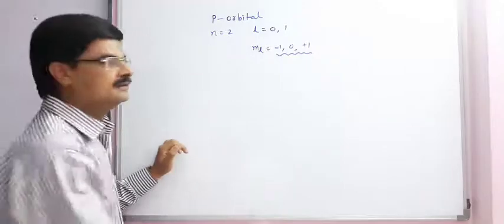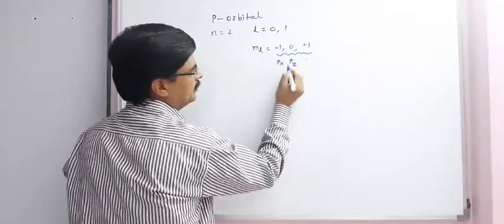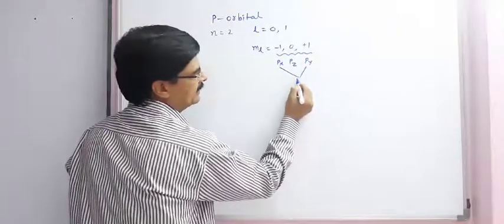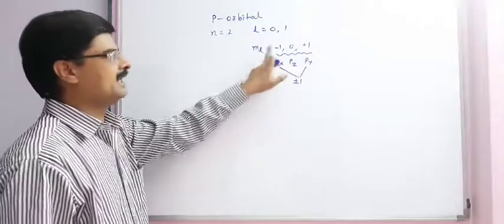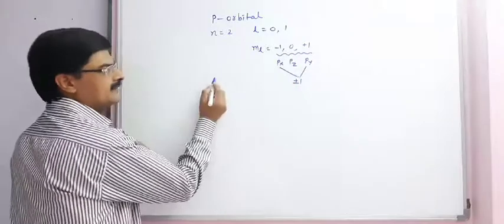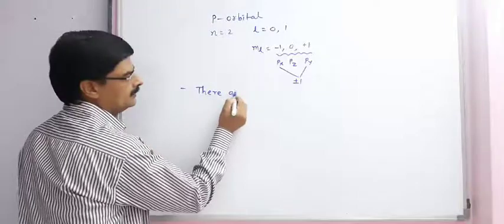And these are three orbitals of P: Pz, Px and Py. So Px and Py can have plus or minus 1 values, and ML value for Pz is equal to 0.